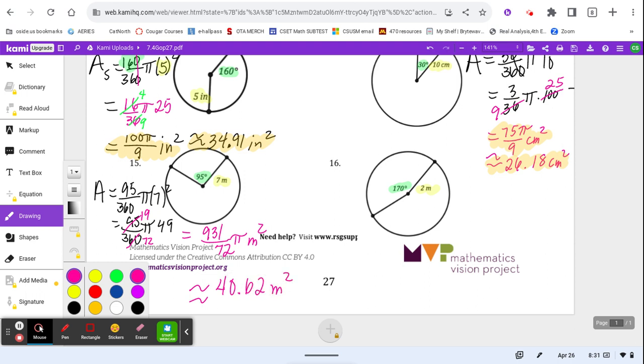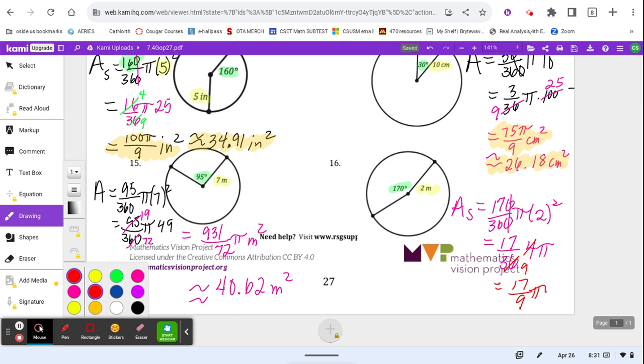All right, last but not least, we've got area of the sector is 170 out of 360 pi radius squared. The zeros are going to cancel out. We're going to get 17 over 36 times 4 pi. 4 goes into 36 9 times. 17 pi ninths.